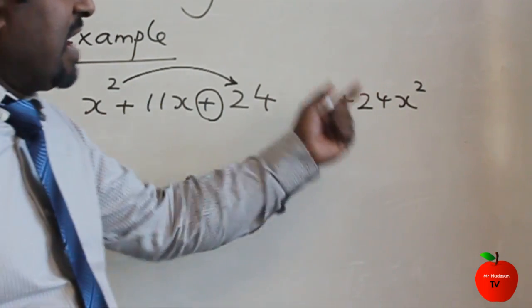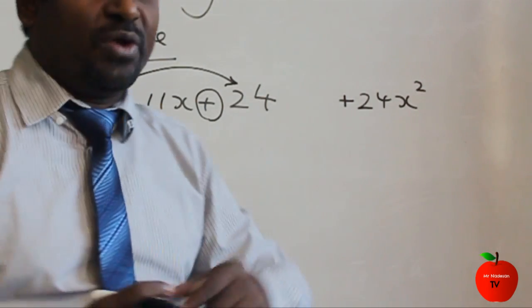Now we're looking for what factors can make 24x squared.